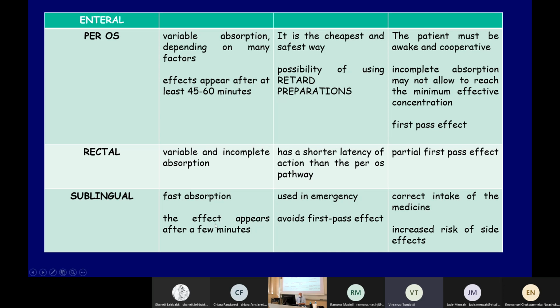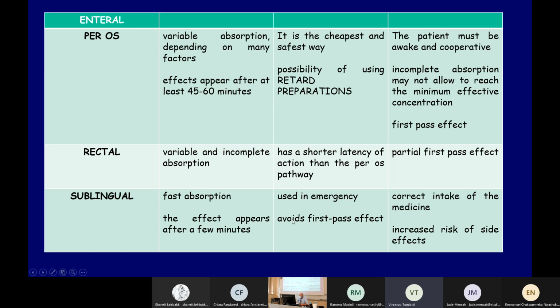In fact, you can see the effect appears after a few minutes. Use it in emergency, of course, in the case of infarct, for example, if you want to use a very fast vasodilatator, if there are problems with heart circulation, infarct, and so on, and we want to increase the quantity of oxygen for our heart.